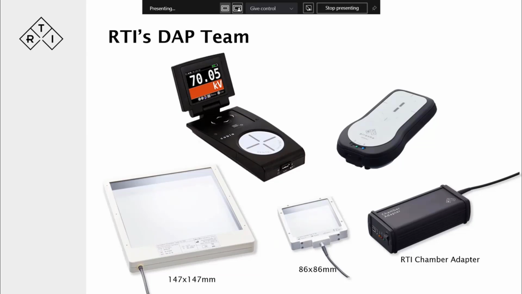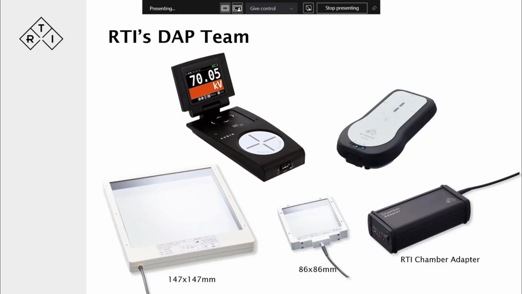For dental, the 86 by 86 does the job in most cases. Since we'll be close to the source, the beam is not all that big, so we can survive with the smaller DAP chamber for those applications, which makes it easier to fixate and to position onto the tube itself.